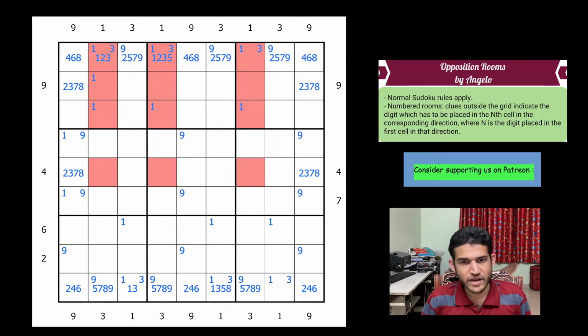So I can say that at least one of these pairs is going to be a 2, 8. The reason is there are three threes to be placed in these columns, and you have 4 rows: row 1, row 2, row 3, and row 5. So out of which we'll choose 3 rows, and at least one of these rows then won't take a 3, 7. I hope I'm clear here.